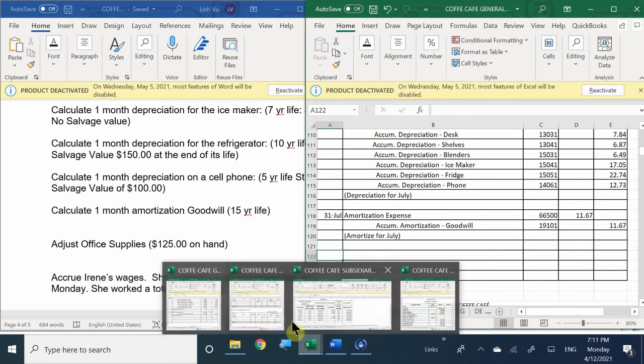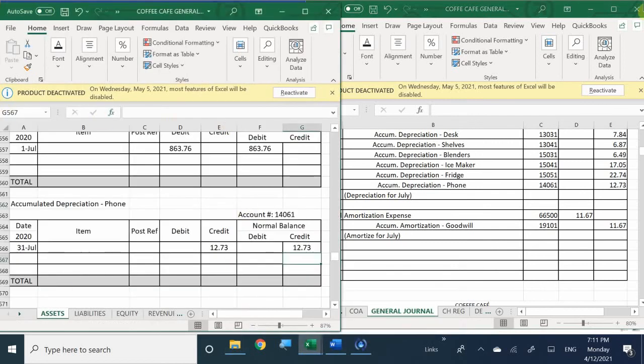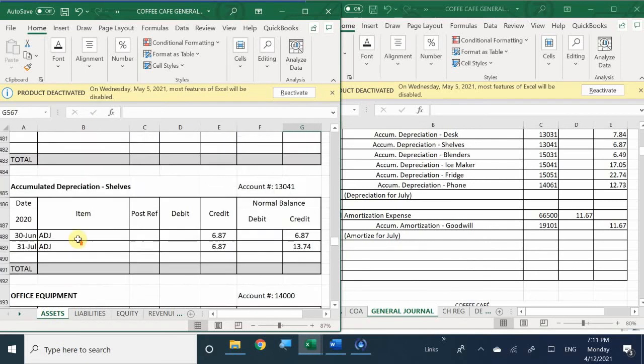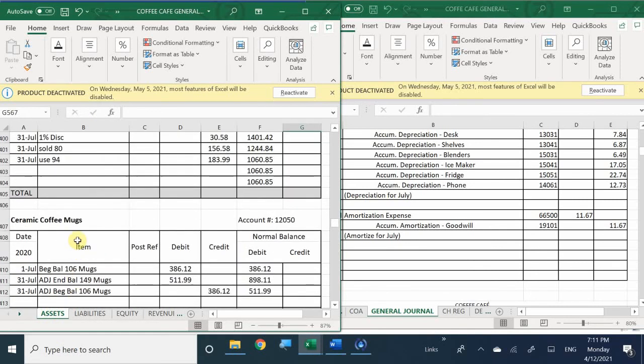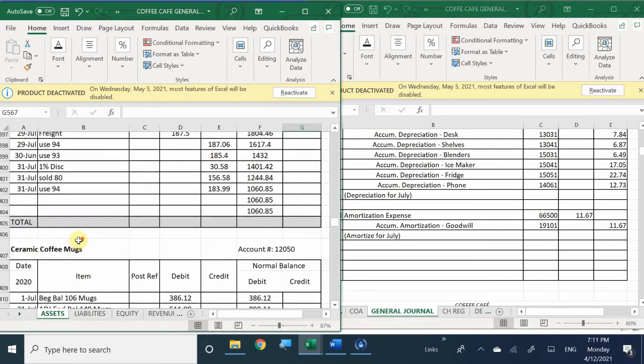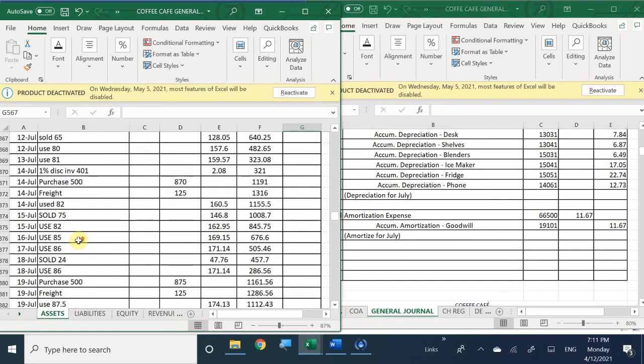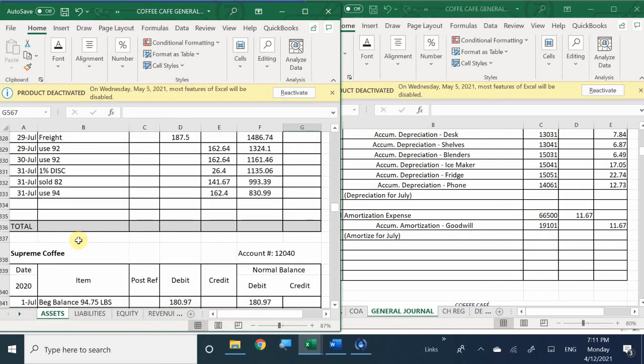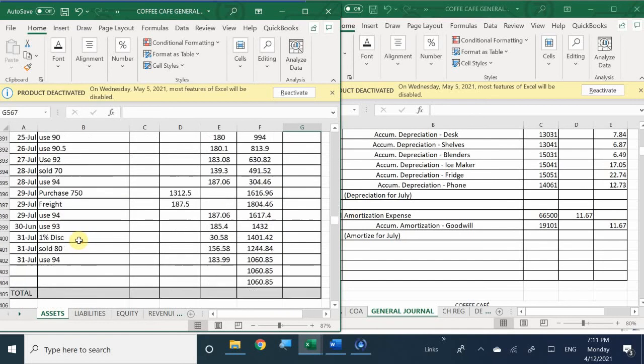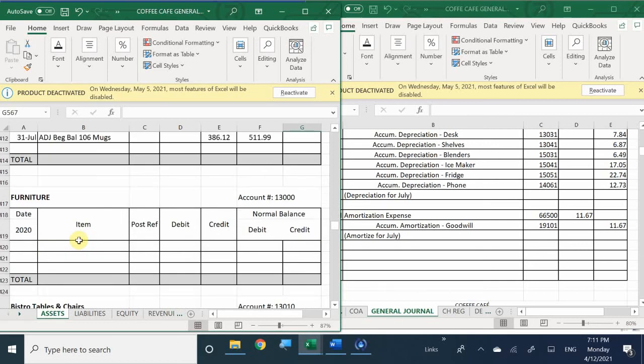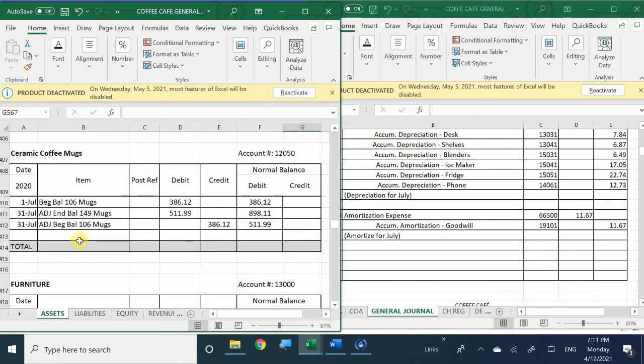So let's go to our general ledger to see how many office supplies we actually have right now to determine how much we used for the month of July.